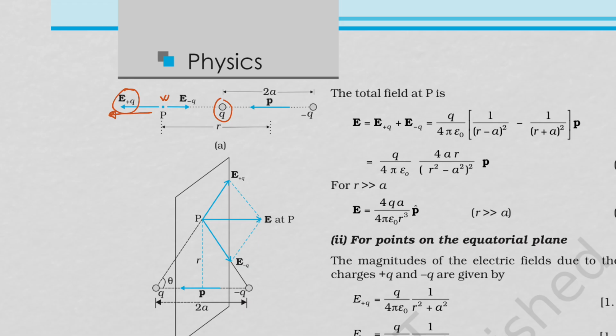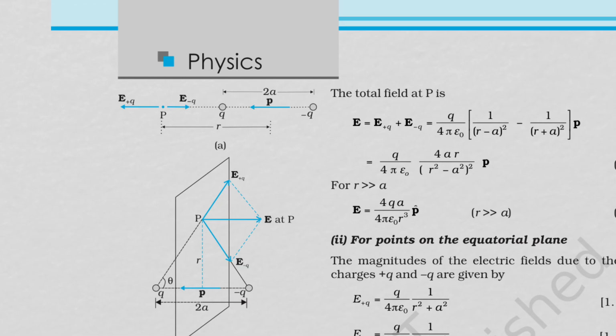And the electric field due to charge minus Q at P is towards the negative charge, that is E minus Q. So let us deal with these one by one.